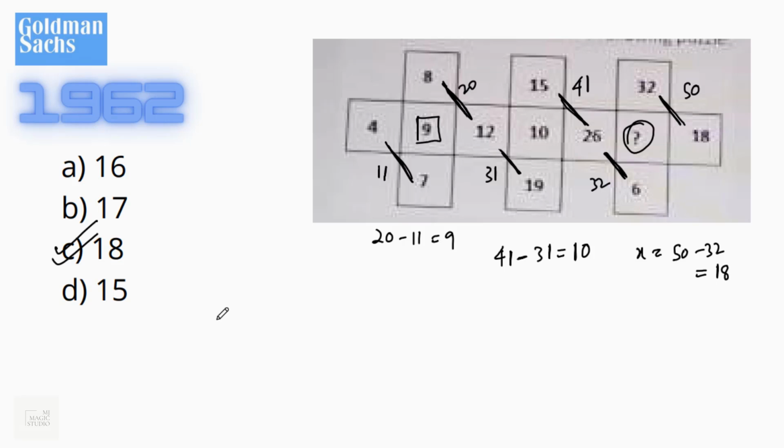in C. Here also, if we see something like 11 when divided by 9 leaves remainder 2, 20 when divided by 9 leaves remainder 2. 31 when divided by 10 leaves remainder 1 and 41 when divided by 10 leaves remainder 1.